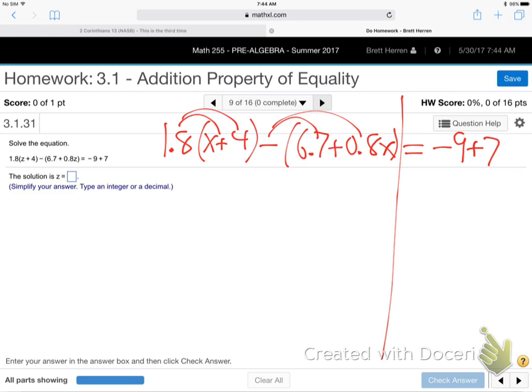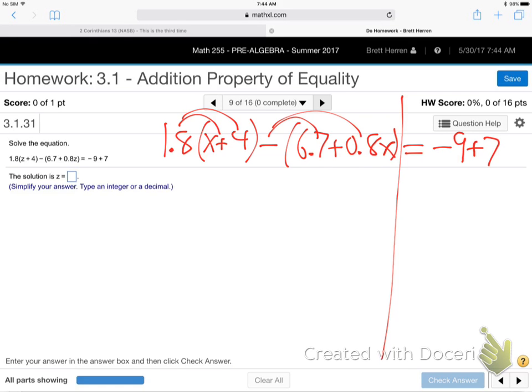When the walls come down, the water goes in and hits everything. Just like that. So make both those negative. Negative 6.7 and negative 0.8x. It hits them both, right? The water goes in and hits everybody.